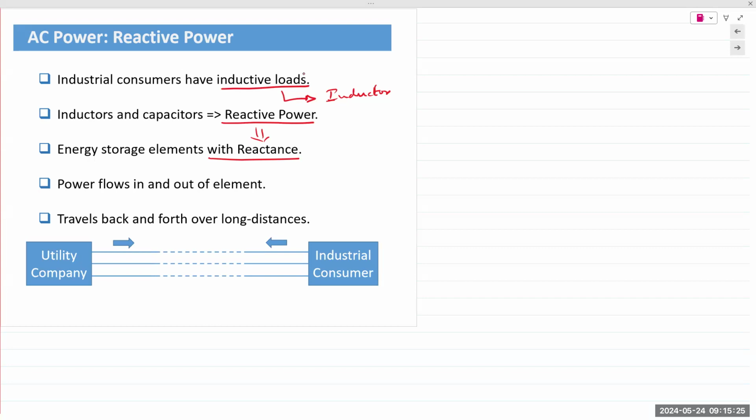So the power associated with a resistor is termed real power or average power. Okay, real or average power. And the power associated with inductor and capacitor is reactive power.